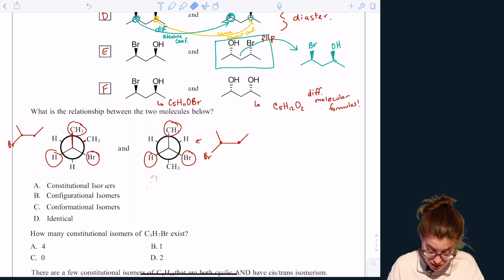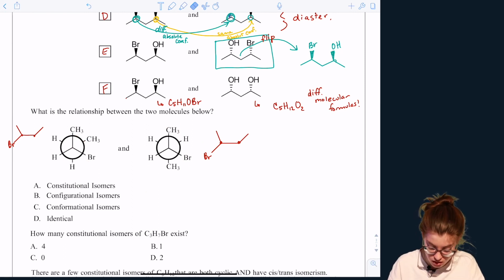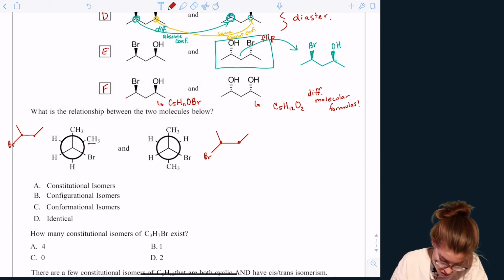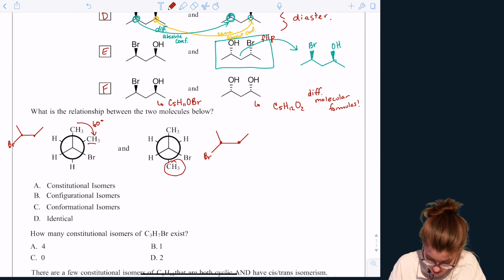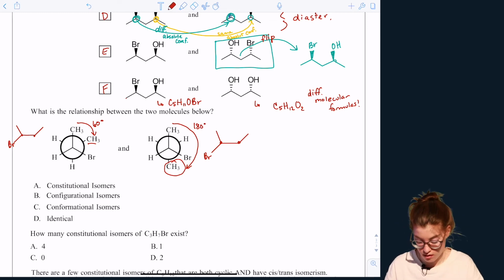Okay, so really all we have to do is just look at the relationship of the front carbon to the back carbon. So here we have a methyl group, and it is 60 degrees away from that top methyl group. Here's this methyl group, and it is 180 degrees away from the top methyl group of the front carbon.